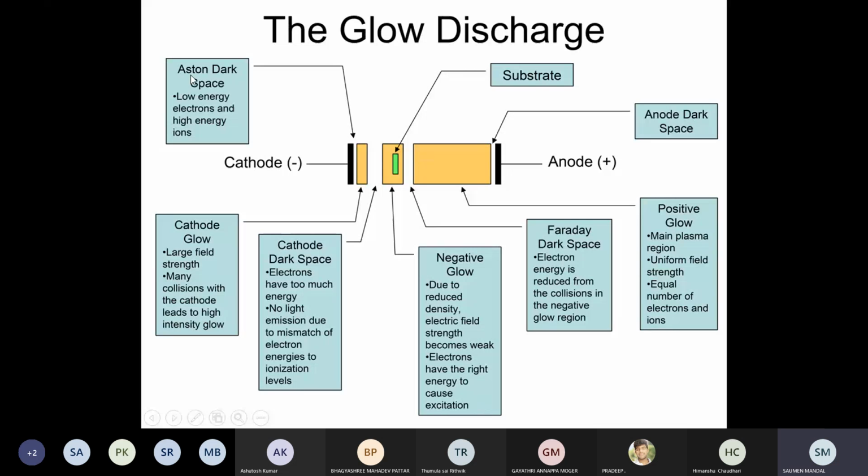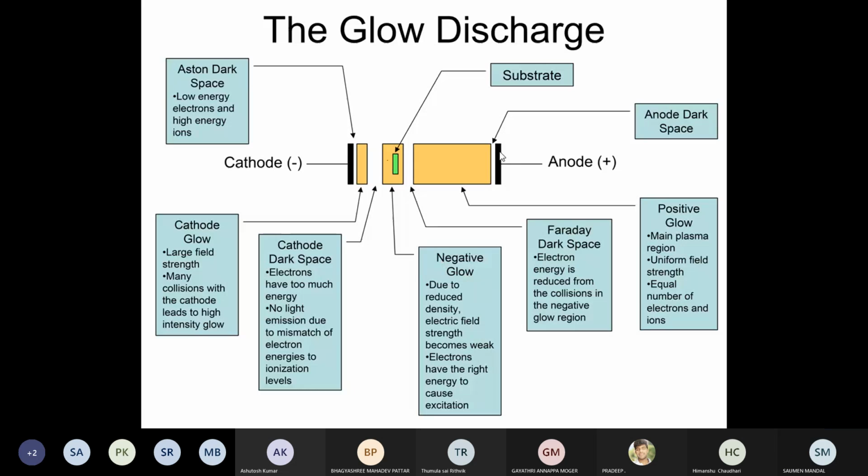The other regions are Aston dark space, cathode glow, and cathode dark space. We are mostly interested in these two, and the substrate should be placed in this negative glow region. So the distance between cathode and anode we should not change arbitrarily. It should be an optimized distance.